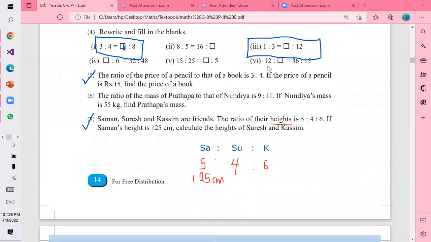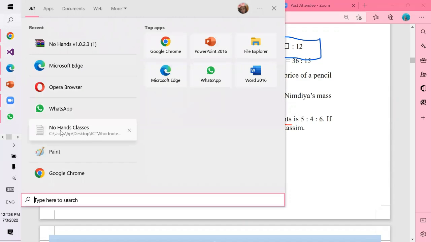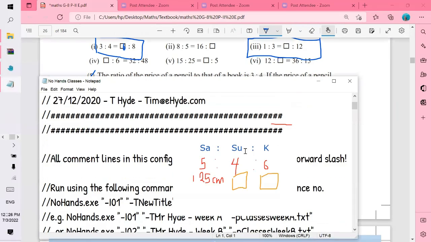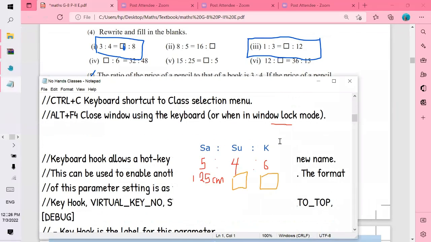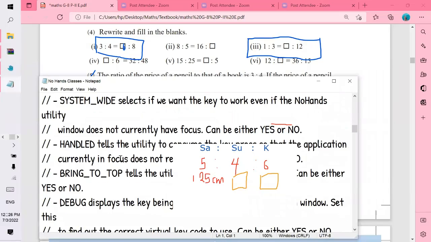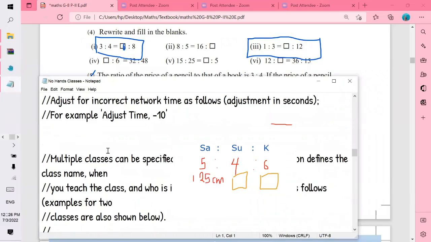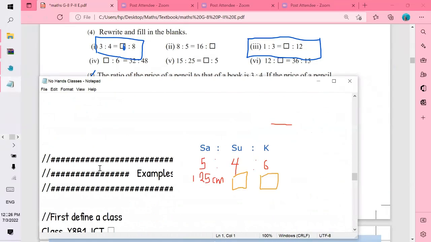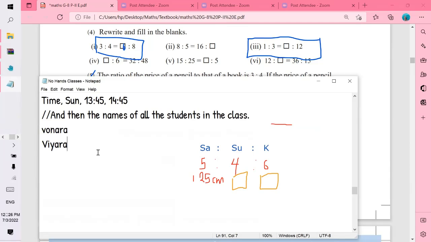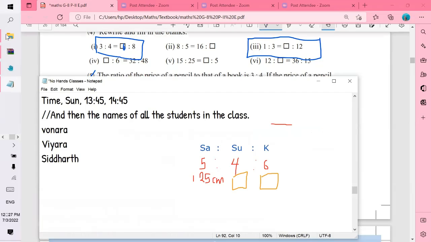All you need to find is the height of Suresh and Kasim. Quickly find, please. I found. Okay.